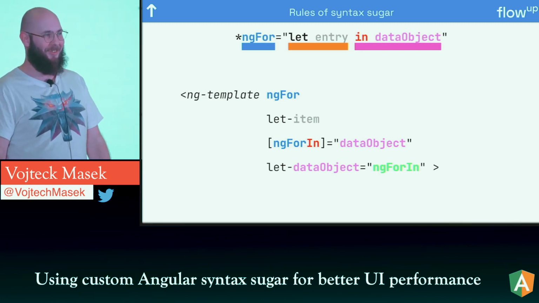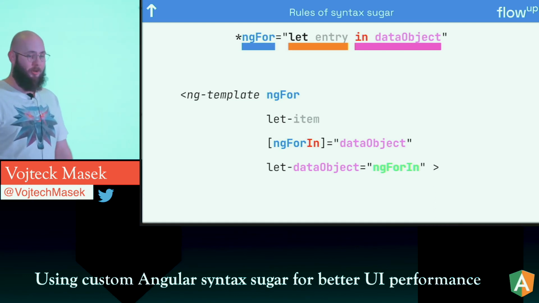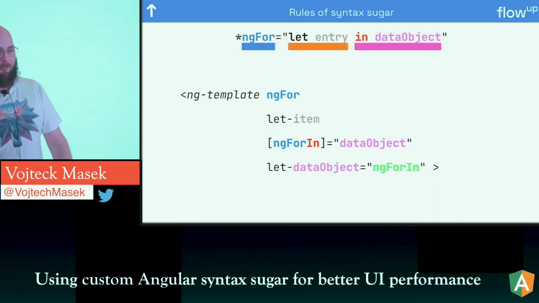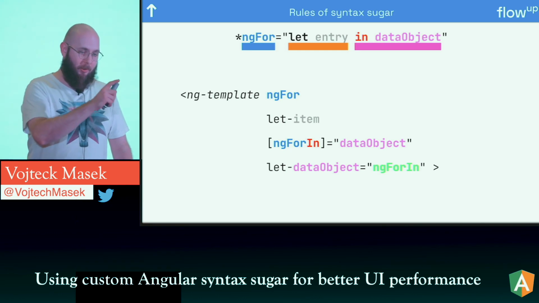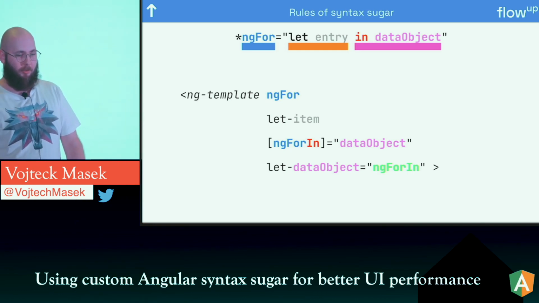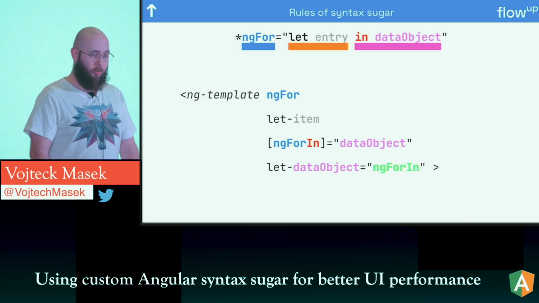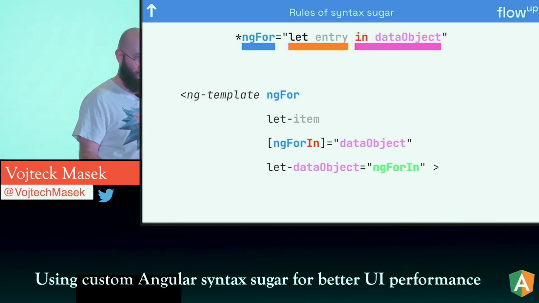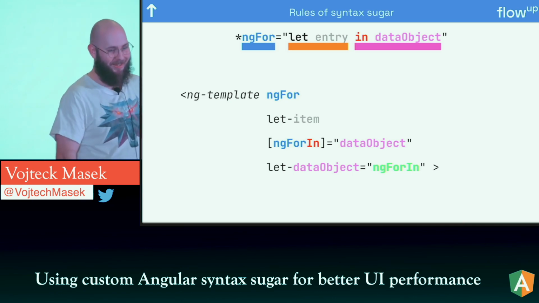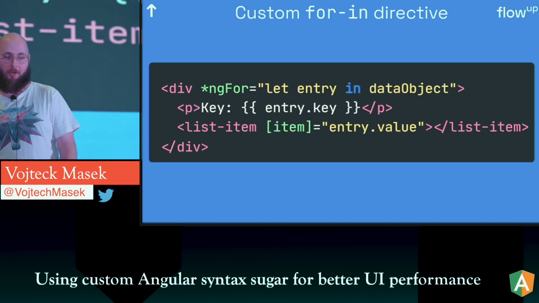This is at least 40 lines. It is still using the ngFor. It is not completely from the ground up, but if you at the end go to the slides, I have a QR code there. You can check the implementation. It's in the speaker notes. I just couldn't put it in. It's so huge. So this would be the usage for this directive.